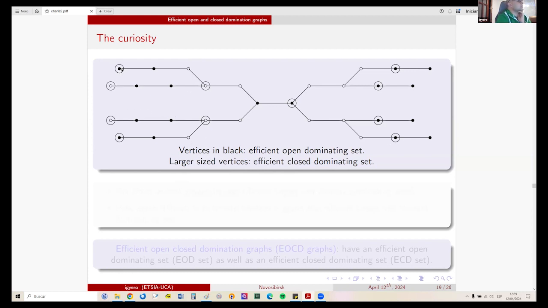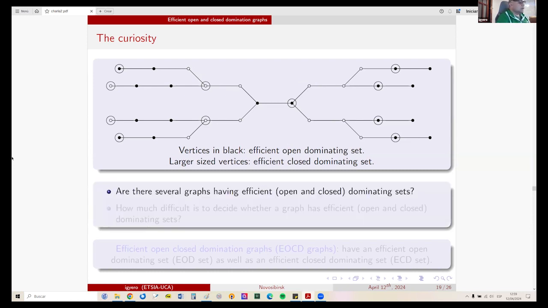There are vertices which belong to both, and vertices which belong to only one of them, like these two, which are only in the efficient closed, and there are other bold ones which are only in the efficient open. So many situations could happen, and there are other vertices which do not belong to either.